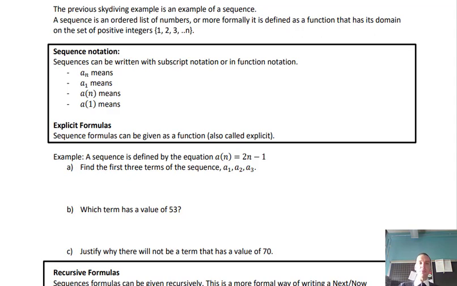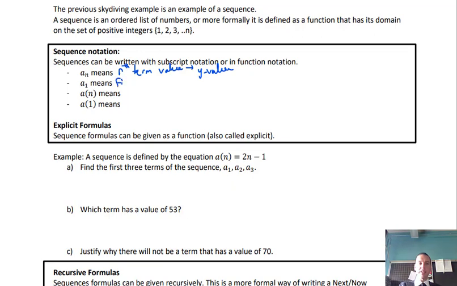Sequences can be written with subscript notation or function notation. So there's different ways you're going to be able to see how it's written. The first one, a of n, is the nth term value. So it's basically the y value here.